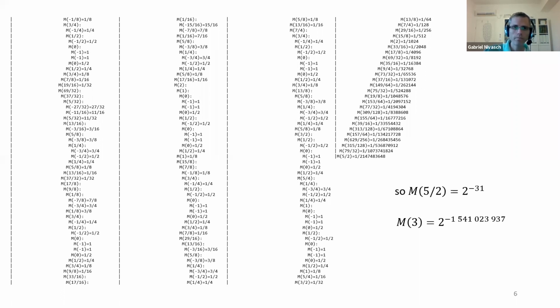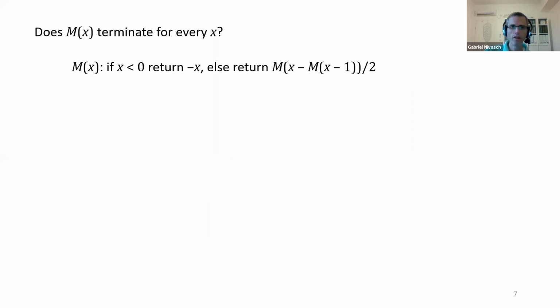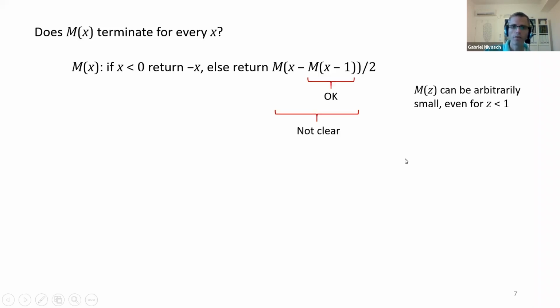And the question is, does this algorithm actually terminate for every x? By the way, feel free to ask questions or comments. So this is this algorithm. This recursive call on which you subtract 1 is okay because you'll get down to 0 in a finite number of steps. But this one is not so clear.